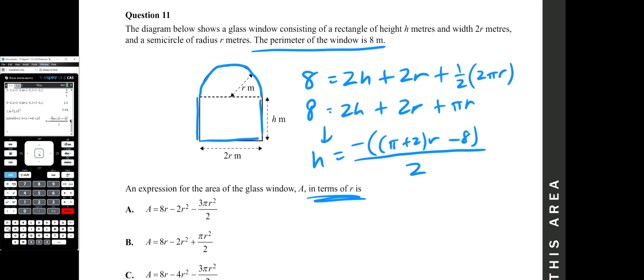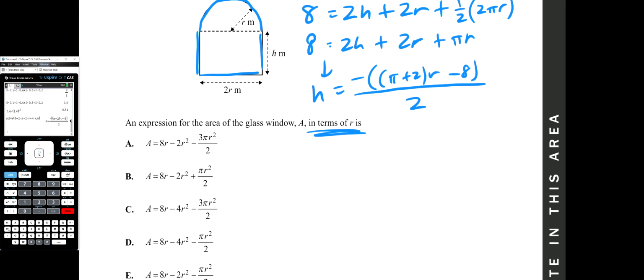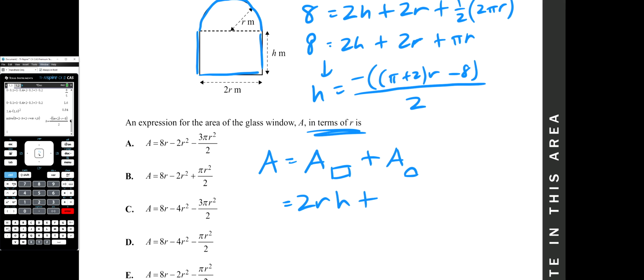So we want the area completely in terms of r. What we'll need to do now is work out the formula for the area. Area equals the area of the rectangle plus the area of the semicircle. The area of the rectangle is length times width, so 2r times h, plus the area of the semicircle, which is half of pi r squared.